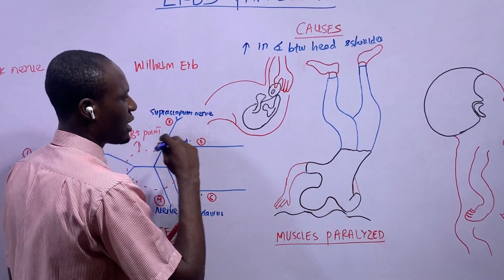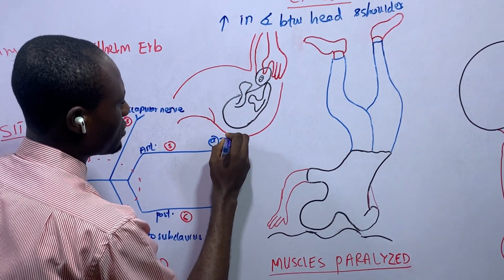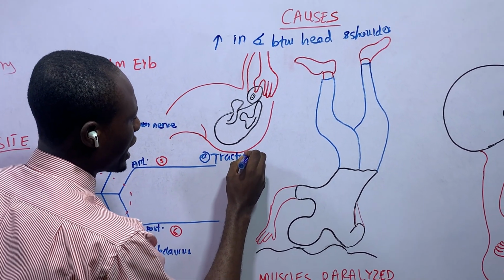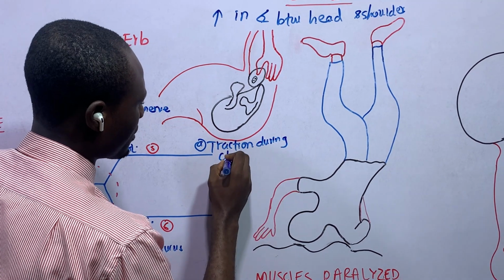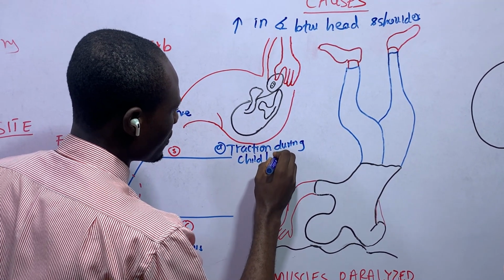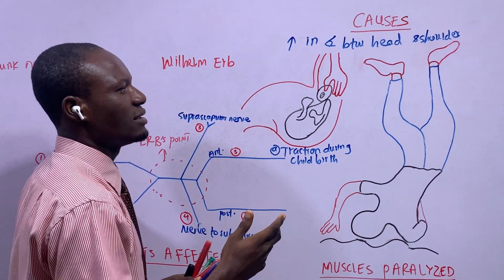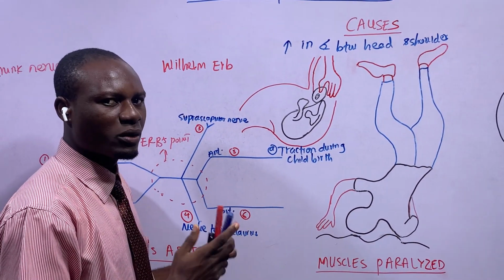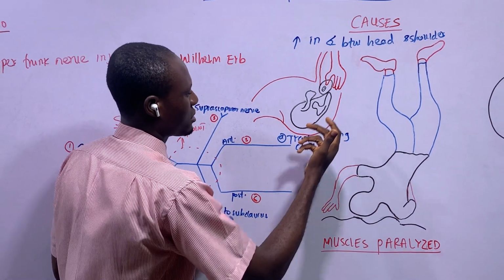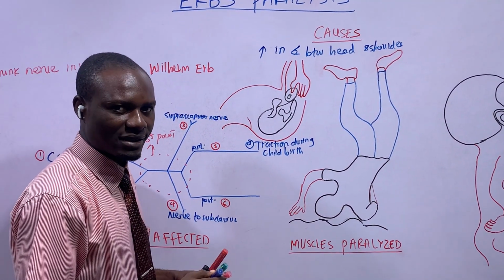If you look at this diagram here, it could be due to traction during childbirth. That is why whoever is attending to the parturient during labor must have very good skills, because traction during childbirth can lead to Erb's paralysis.